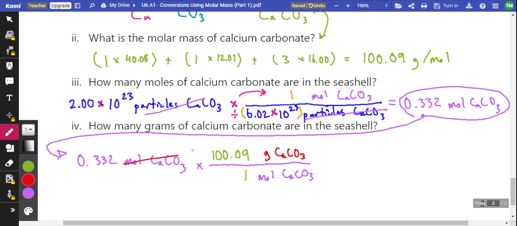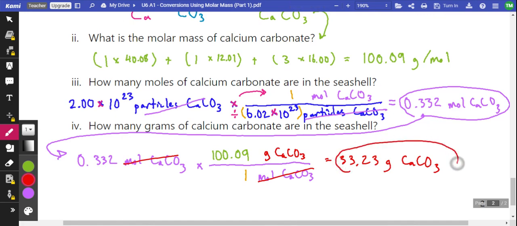My moles units should cancel. I just have to take 0.332 times 100.09 divided by 1. And we get 33.23-ish. 33.23. And now we're in grams of calcium carbonate.